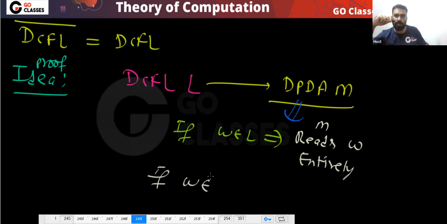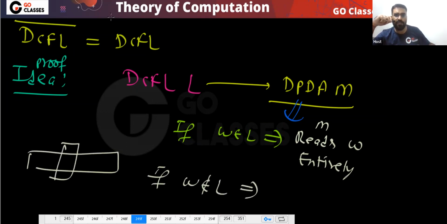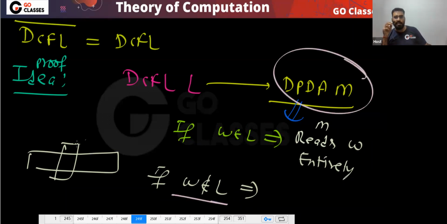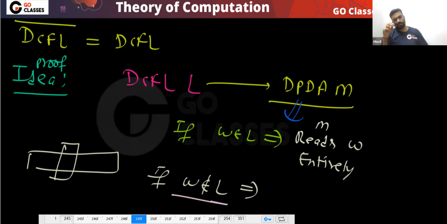But if W does not belong to L, I can also reject if there is no move. If W does not belong to L, this DPDA can reject without reading the entire string. Agree or not?